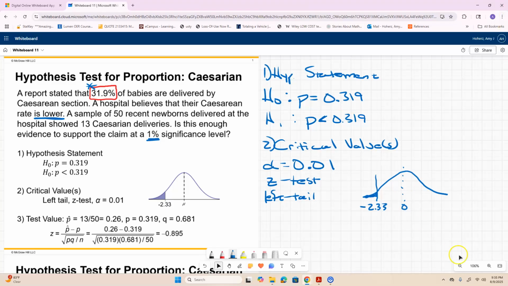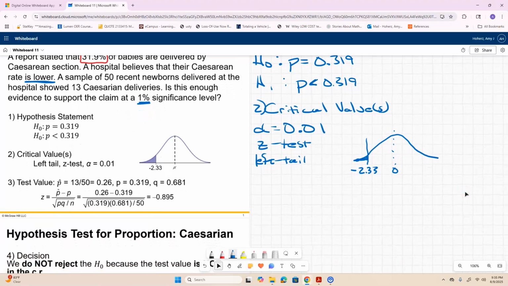Okay, so we're now ready for our formula. z will equal p hat minus p all over the square root of pq over n. In this case, we do not have the p hat again, so we'll need to calculate that.